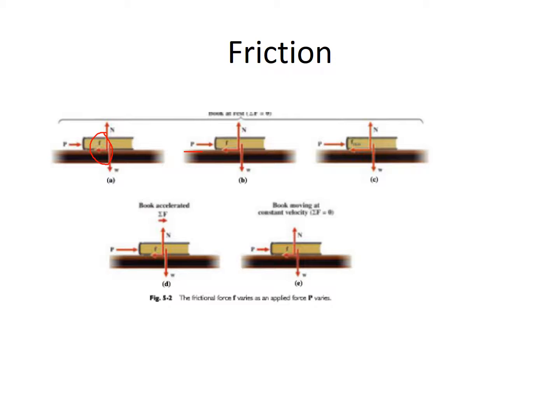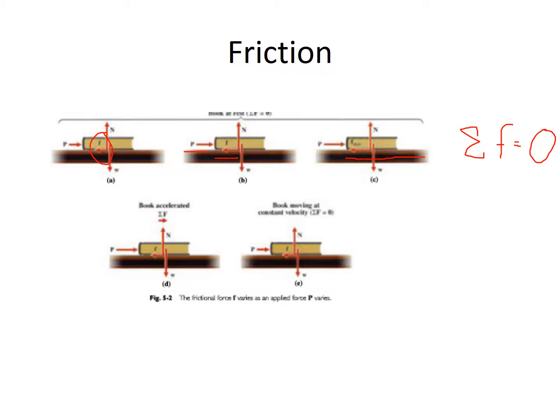A larger push to the right creates a larger force to the left in order to balance it. So up to the point where the book slides and is no longer in equilibrium, the sum of the forces is equal to 0. So the magnitude of this force changes depending on the magnitude of the applied push.